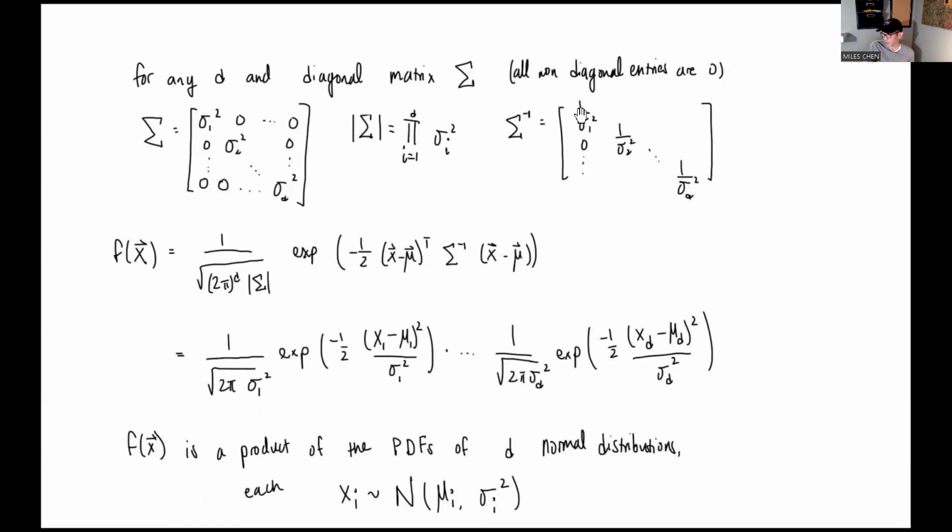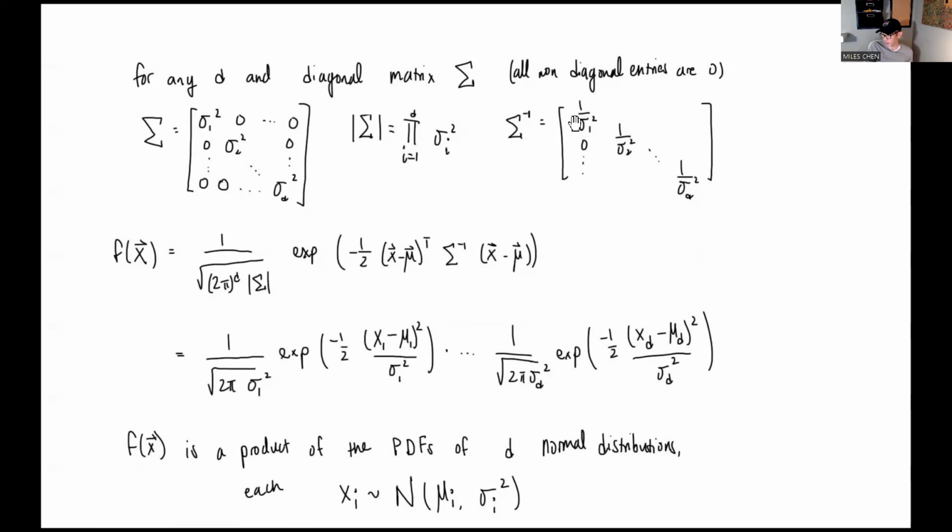Again, thinking about what the inverse is: the inverse is just going to be a diagonal matrix, with 1 over sigma squared down the diagonal. And then your determinant is going to be all of these sigma squareds, a big product of them. So you can factor that product into each individual sigma squared component, sigma 1 squared, sigma 2 squared, up to sigma d squared.